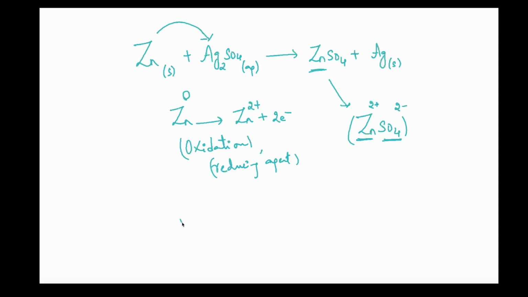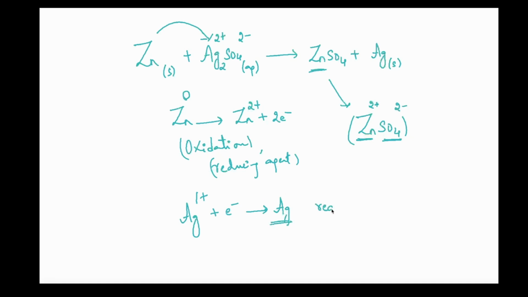Okay, now if you look at silver, silver sulfate is 2 minus, so this will be 2 plus. Because there are 2 silver atoms, it will be plus 1 for each. So Ag plus gains a single electron, and it gets reduced to atomic silver.